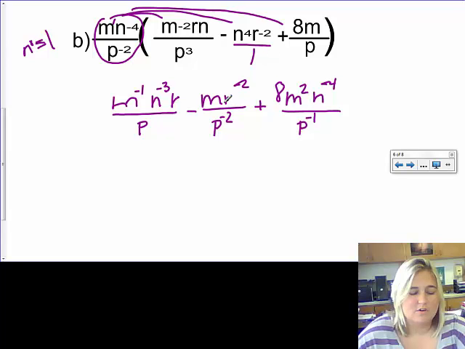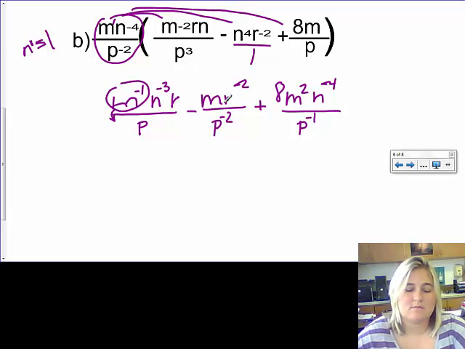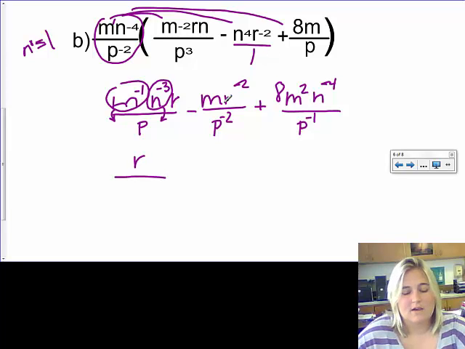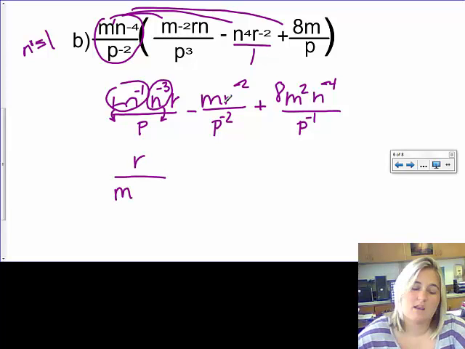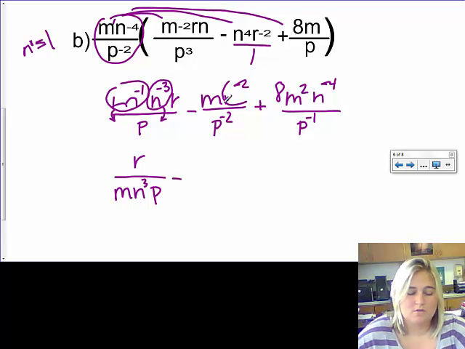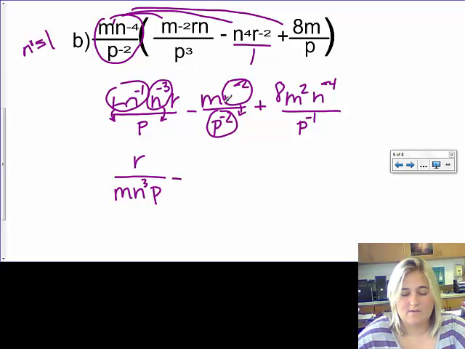So on this first term, I have m to the negative 1st, which I'll make positive by moving it to the denominator. I have n to the negative 3rd, which I will make positive by moving it to the denominator. So on top, I'm left with just r over m to the 1st, n is now to the positive 3rd, and p, minus, I need to move this r to the negative 2nd down, and this p to the negative 2nd up to change their signs.